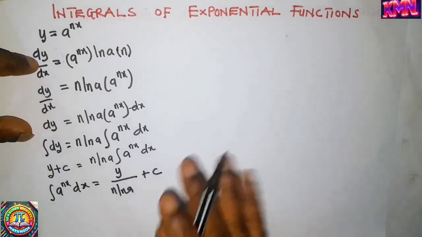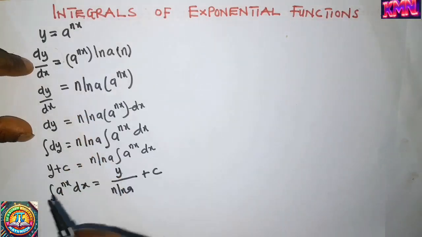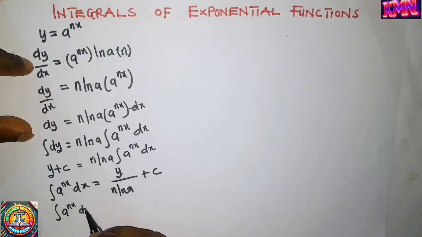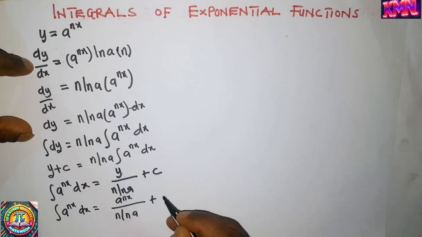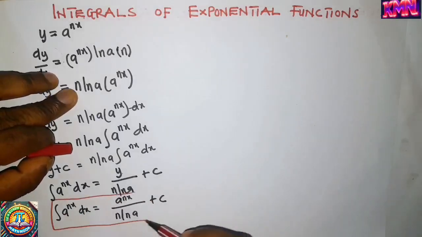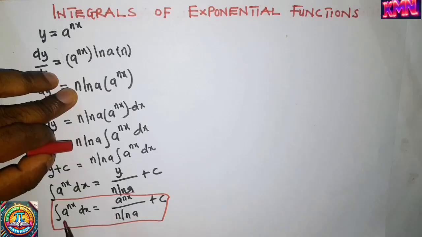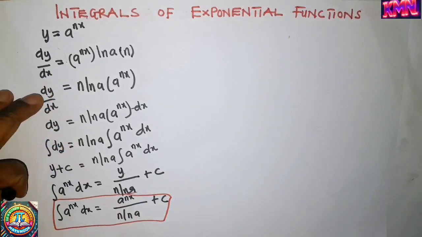But we know that y from here is a^(nx), so we can see that the integral of a^(nx) dx is now a^(nx) on n ln a plus c, and hence that is the integral of the exponential function a^(nx) dx. So with this, let's take a simple example.